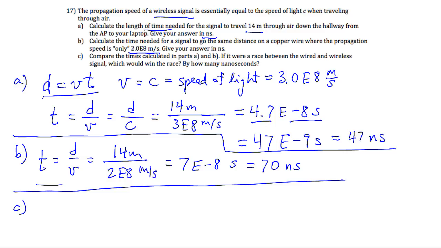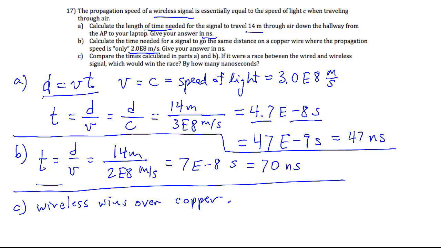Okay? And part C says if there were a race, which one would win? The wireless wins over the copper. And I'll at least try to make my work legible.